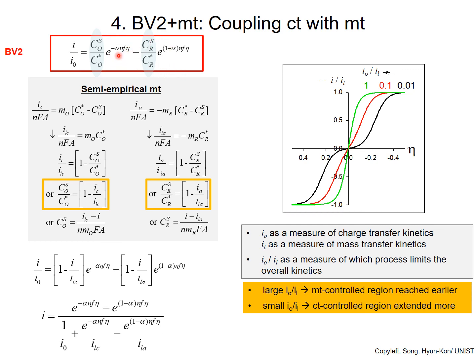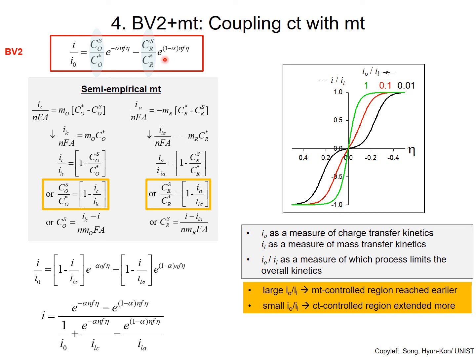Each current term has, of course, the exponential function of potential, and also the fractional compositions, which is defined as the surface composition per bulk composition for the cathodic process and anodic process.